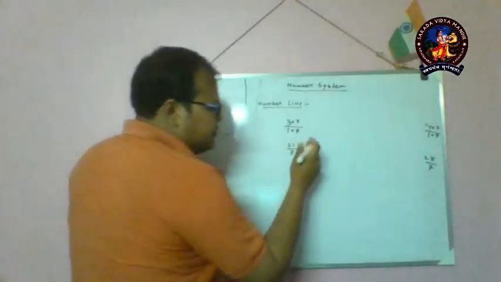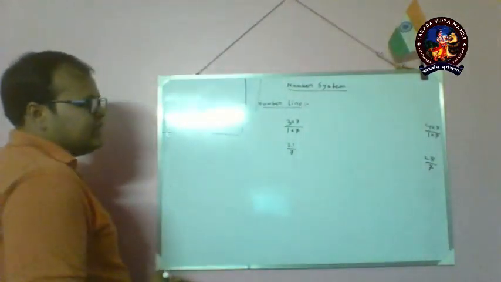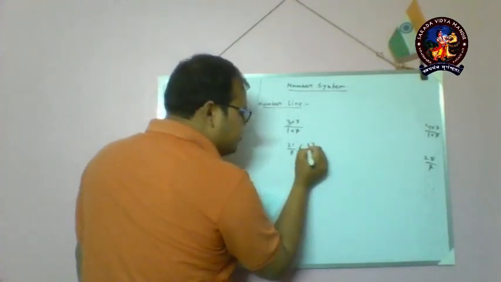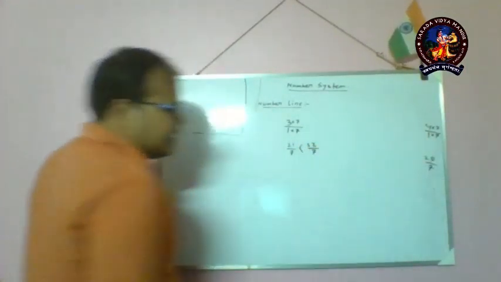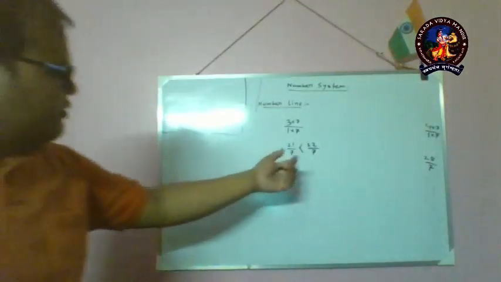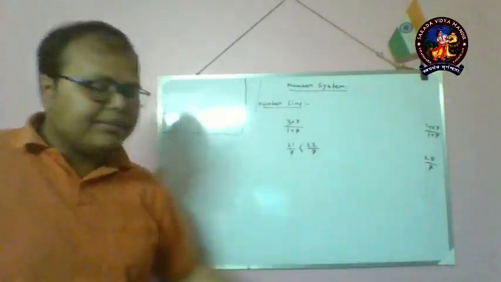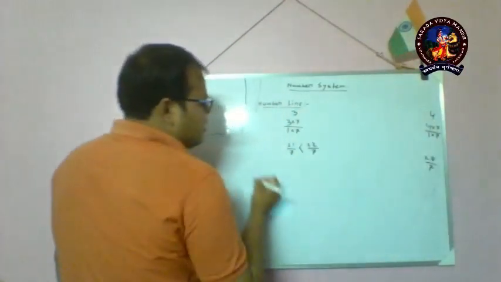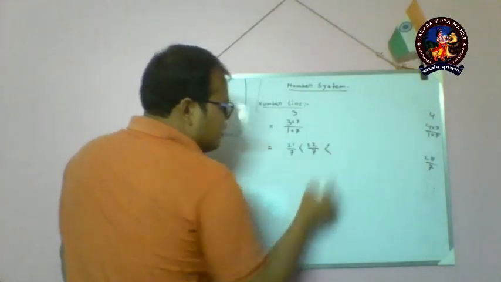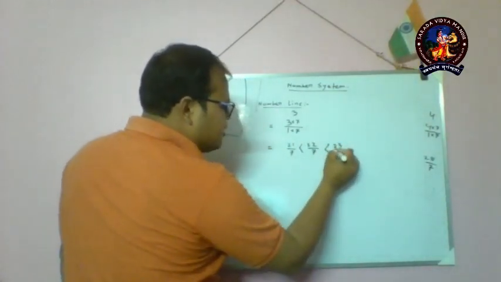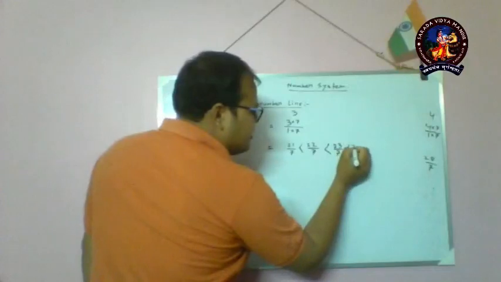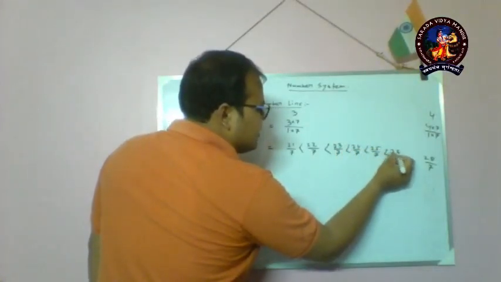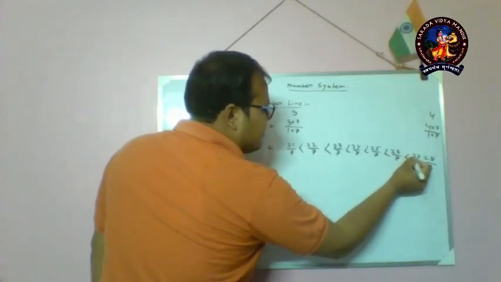Now we have to include rational numbers between them. So 21 by 7, greater than that we have 22 by 7, but it is less than 28 by 7. So definitely 22 by 7 is there between them. And again 23 by 7 is also there between them. 24 by 7, 25 by 7, 26 by 7 and 27 by 7.